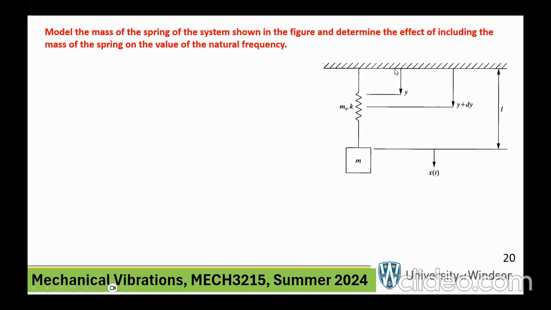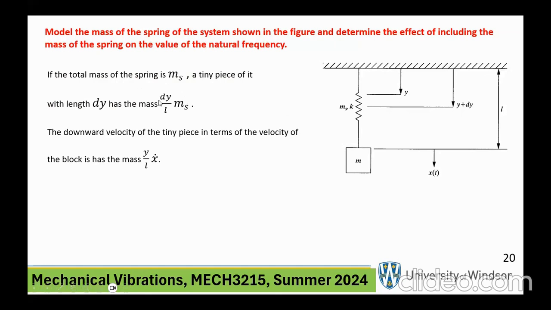This piece of spring, of length dy, will have a mass proportional to its length. So dy has a mass of dy over L, because the whole spring has length L, times ms.